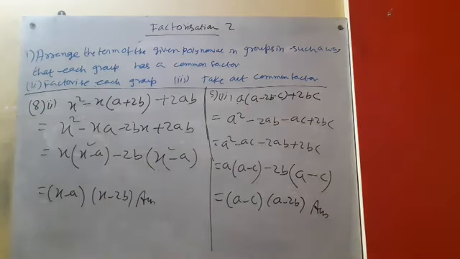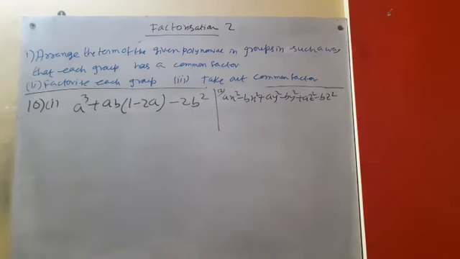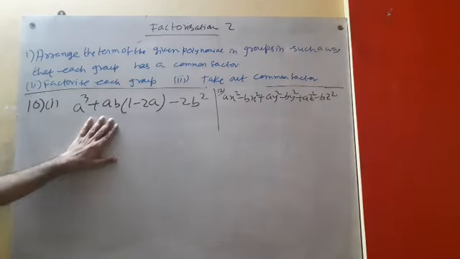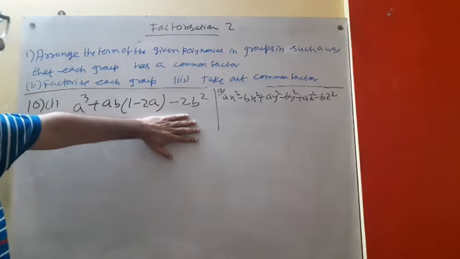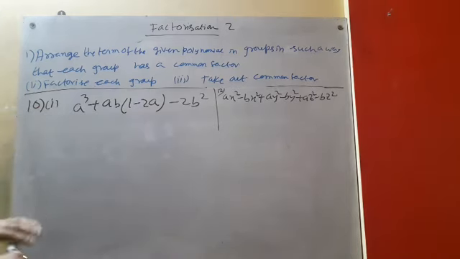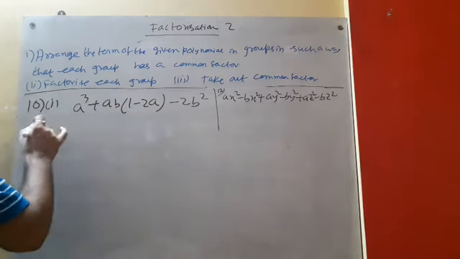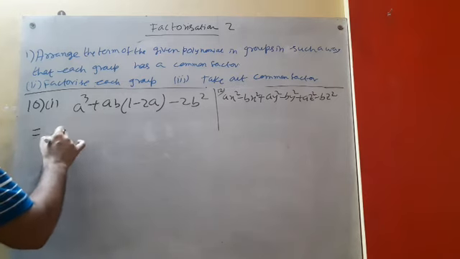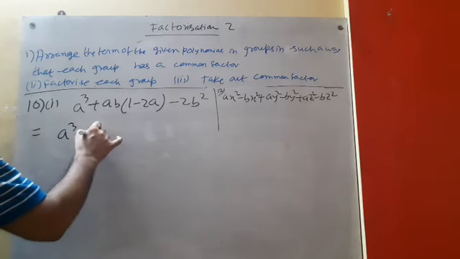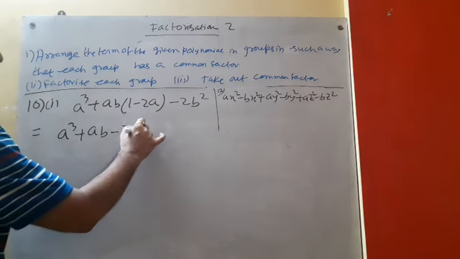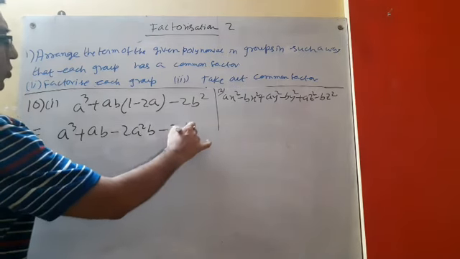Now move on to some other sums. Question 10 part 1. a cube plus ab into this one. Look, this is also, we cannot rearrange the terms into groups. 3 expressions are there. So what will I do? At first we will remove the bracket. a cube plus ab minus 2a square b minus 2b square.